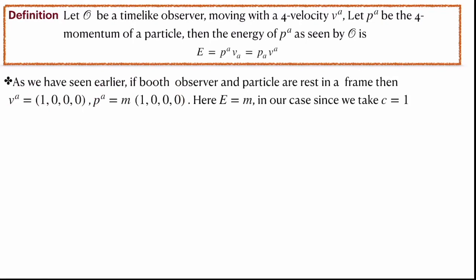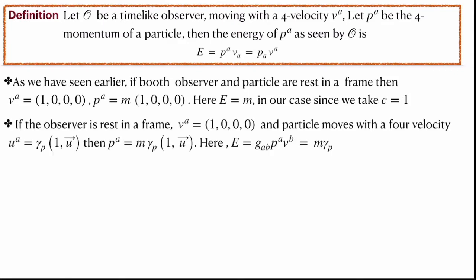And then we see that the dot product between them simply gives m, or that E is equal to m. This is the famous relation, E is equal to mc square. And this is straight away from the definition: for the observer who is at rest with respect to the particle, the energy from momentum p^a would be the rest mass or rest mass energy.